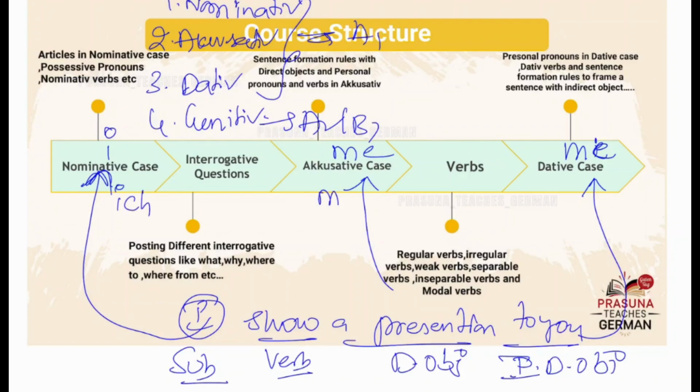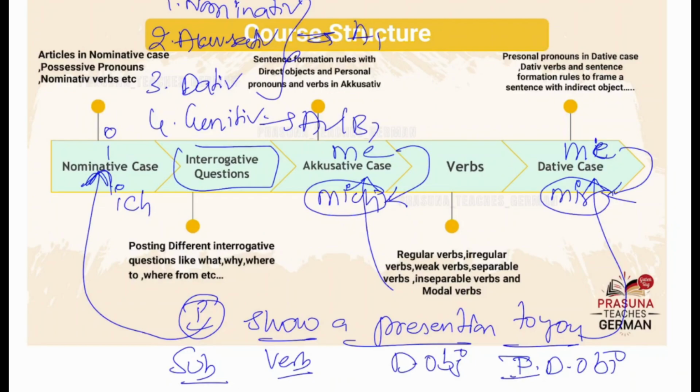If I am a direct object, it becomes mich. If I am an indirect object, it is mir. See, in English, either a direct or indirect object, it is me only. But in German, direct object mich, indirect object mir. So we are changing the addressing. That's why we learn it case by case.